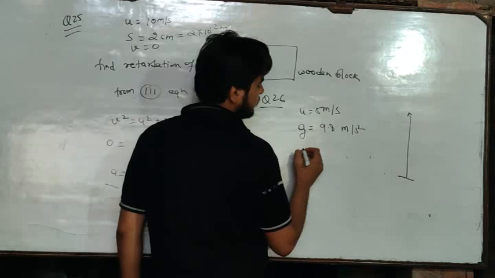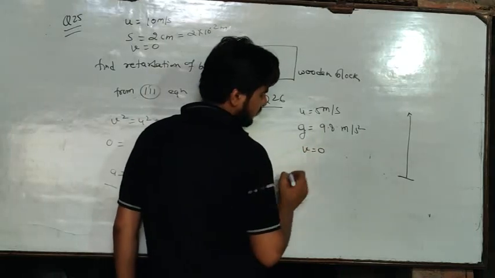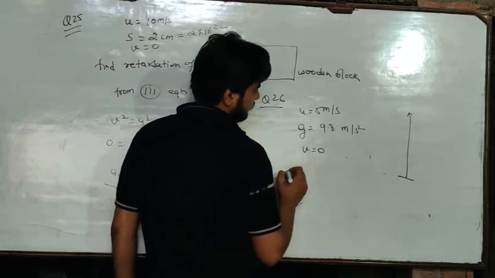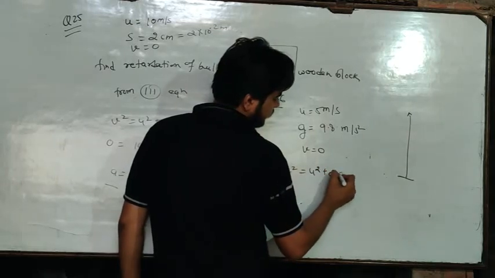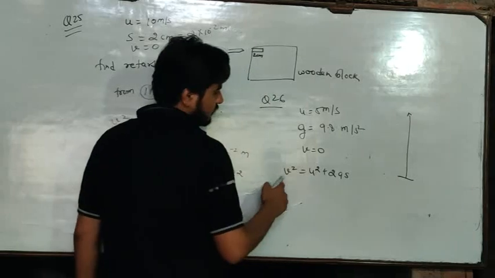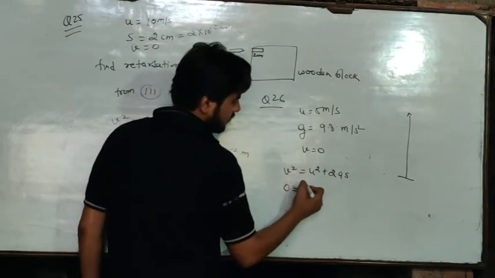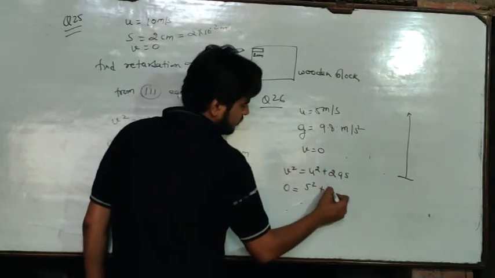U is equal to 5 meter per second, v is equal to 0. We use the third equation, v square is equal to u square plus 2as. 0 is equal to 5 square plus 2a.